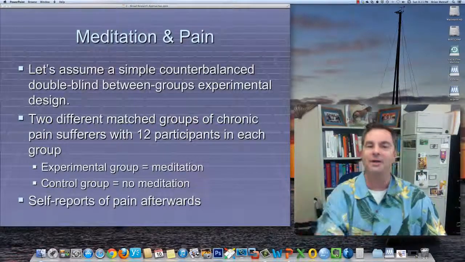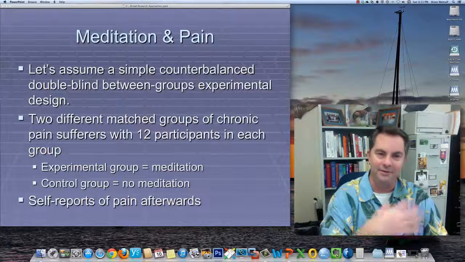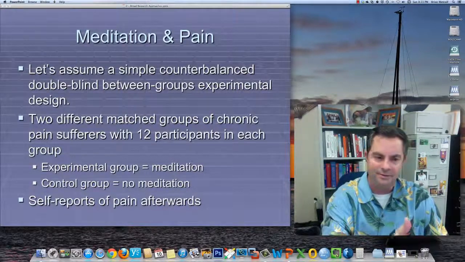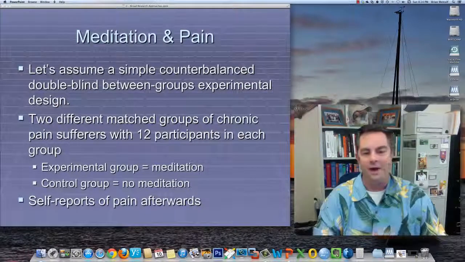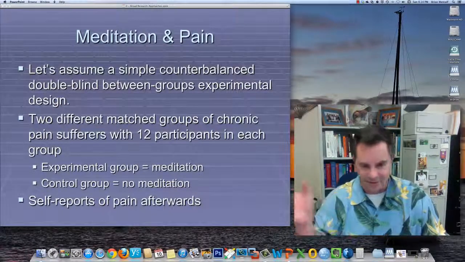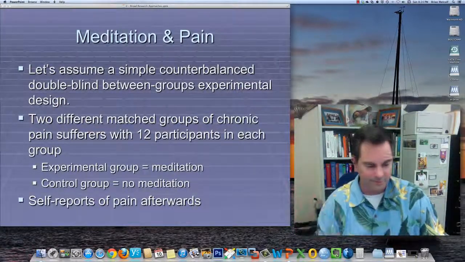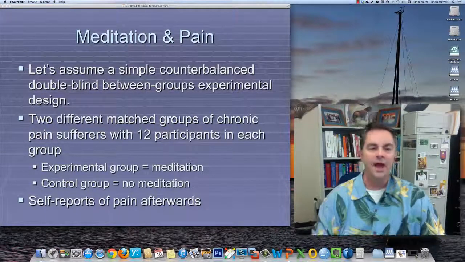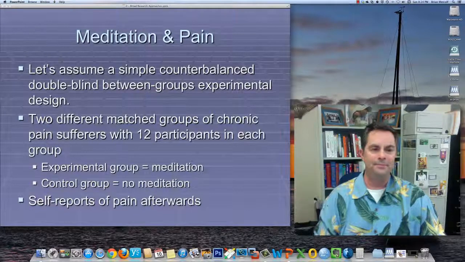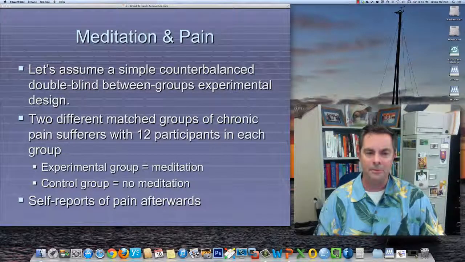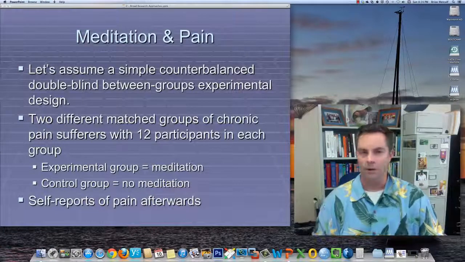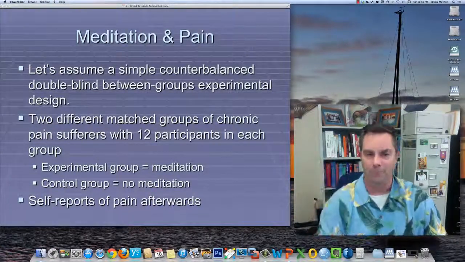Okay, so I'm going to have an experimental group that engages in meditation for the operationally defined type and period of time, and a control group that is not going to meditate and certainly doesn't know that they're not meditating, in a covert sort of way. And the dependent variable to measure pain, I'm going to imagine is just a simple self-report. Maybe not the best, but that's how I'm operationally defining it.